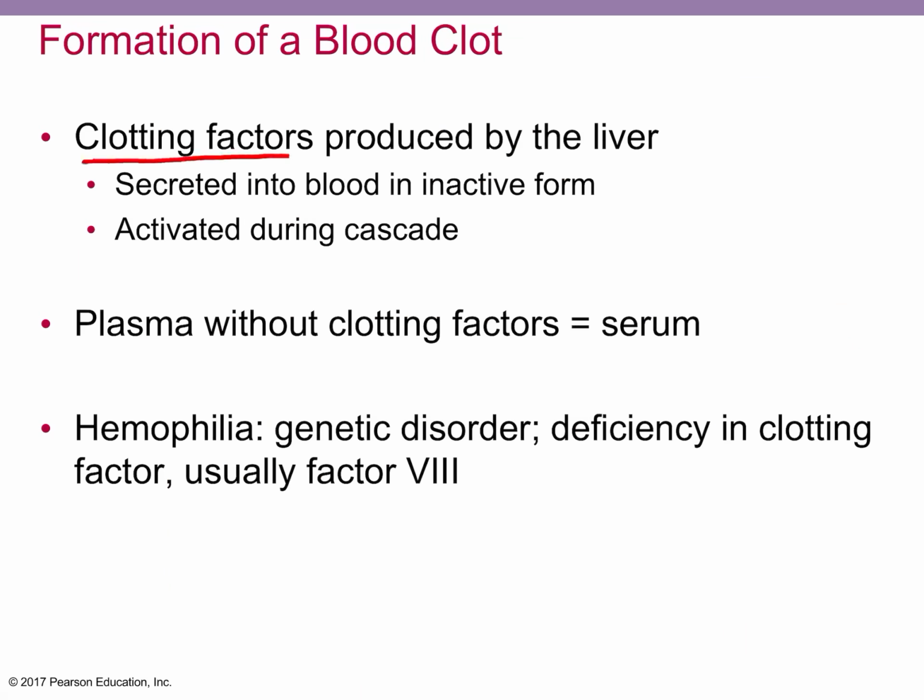Moving on, in this formation of a blood clot, the clotting factors we talked about, all those numbers, are produced by the liver. As I mentioned before, they're secreted in the blood in an inactive form, and they're activated during the cascade. Again, plasma without our clotting factors is known as serum.